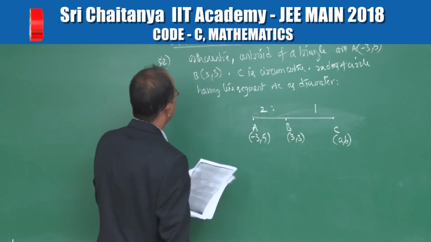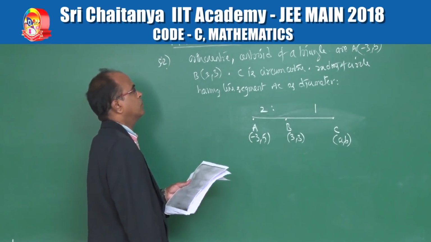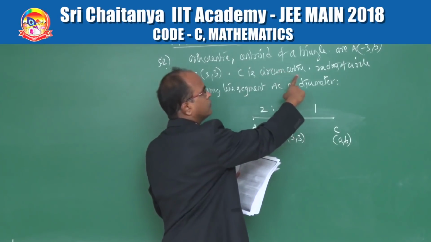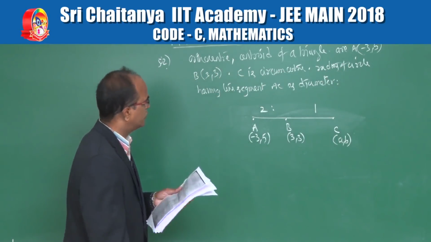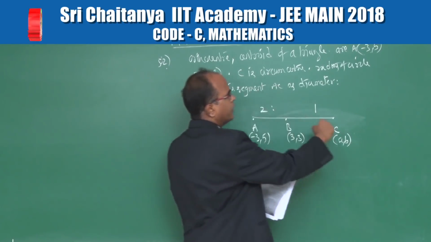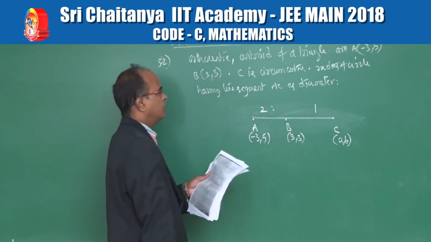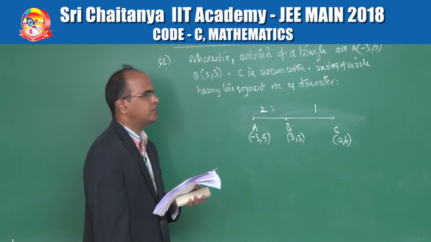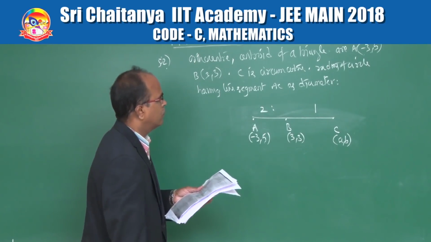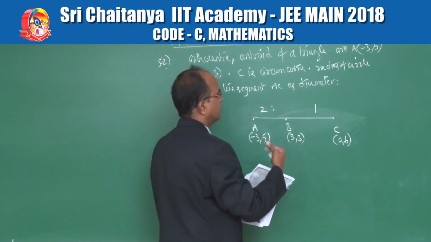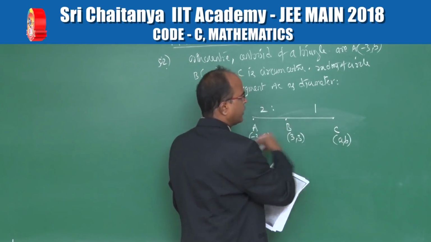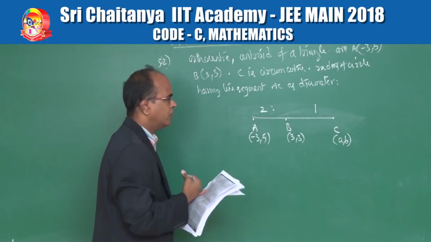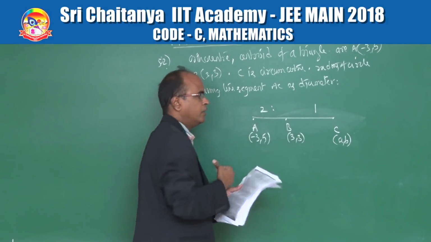We now discuss question 52. Orthocenter and centroid of a triangle are A -3 5, B 3 3, C is circumcenter, radius of the circle having line segment AC as diameter. We know a property that the line joining orthocenter and circumcenter is divided by the centroid in the ratio 2:1.